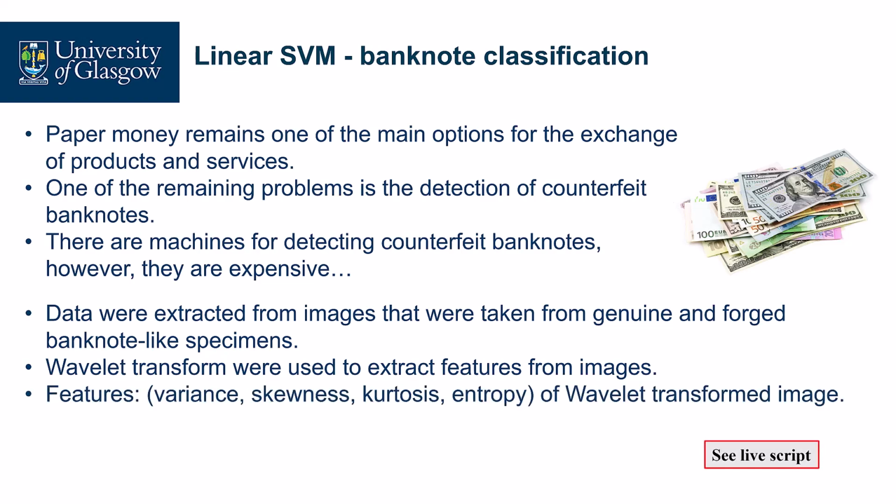Variance, skewness, kurtosis, and entropy of the transformed image. There are two classes, genuine or forged, and the total sample is 1,072 samples. Now you are asked to train a linear SVM to solve this problem.